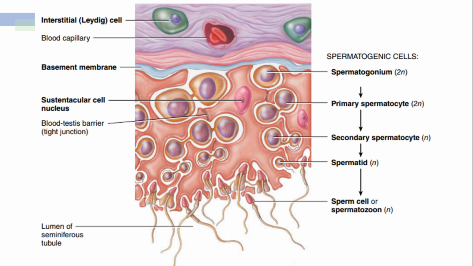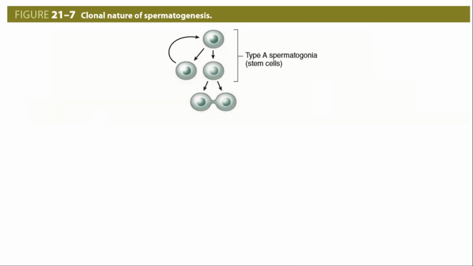Then another character dito sa seminiferous tubules are the sustentacular cells or the Sertoli cells, which support the development of the sperm cells. And then finally, yung talagang main character, yung bida talaga dito sa seminiferous tubules are the developing sperm cells. Now, ito na talaga yung proper discussion natin for spermatogenesis.